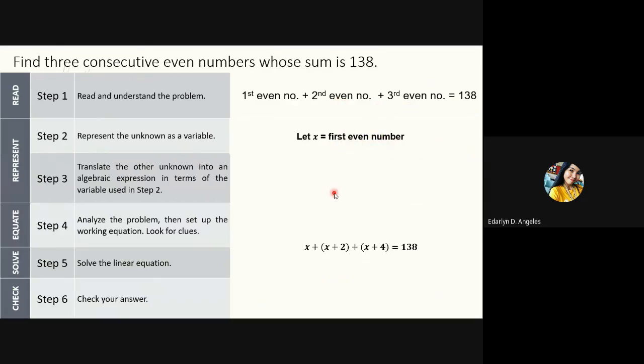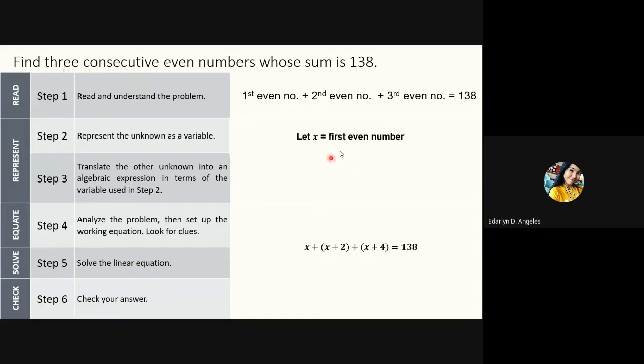Alright? So for step 3, translate the other unknown into the algebraic expression in terms of the variable used in step 2. So since we used here the variable x, we should also use x on the other unknown quantities. Okay? So as I have said earlier, the first three consecutive even numbers are 0, 2, and 4.